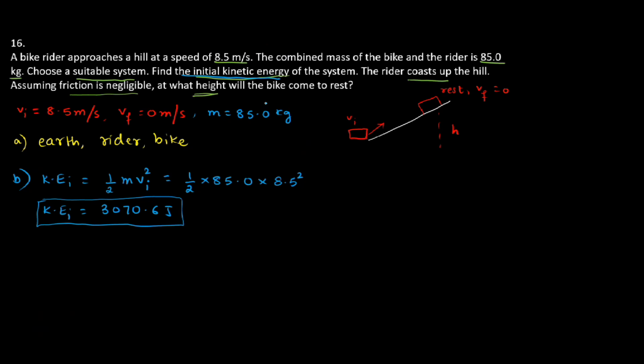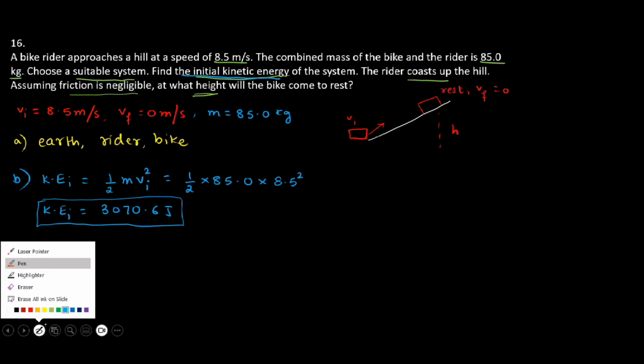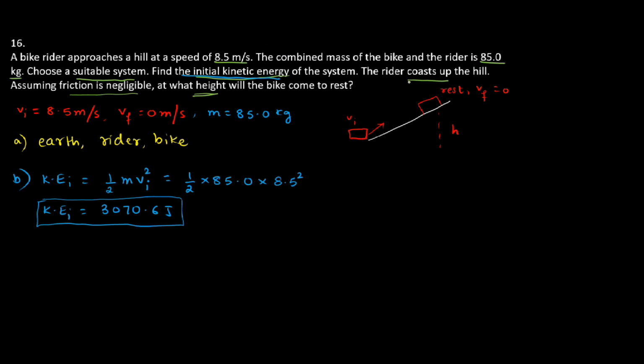Third part of the question is telling you the rider coasts up. When it says coast up, it means the rider is moving up without pedaling, without applying any force. So here the force applied by the rider will be equal to 0.